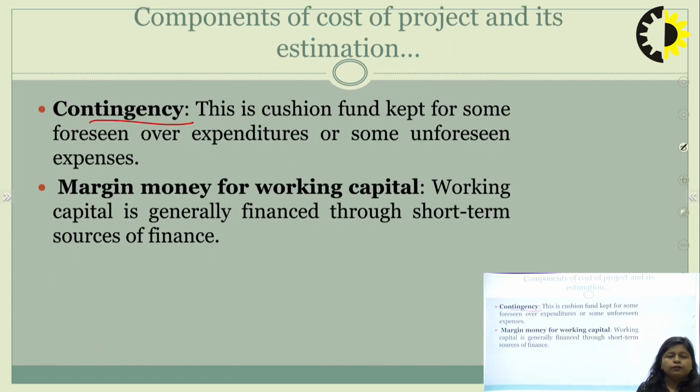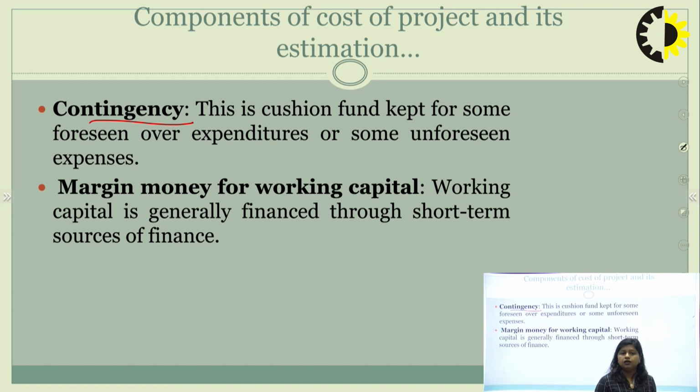So these are the different components of the cost of the project and its estimation, along with the working capital. To find out the total cost of the project, we need to find two things. One is the fixed investment, and the other is how much amount we need for working capital over the total lifespan of the project life cycle.